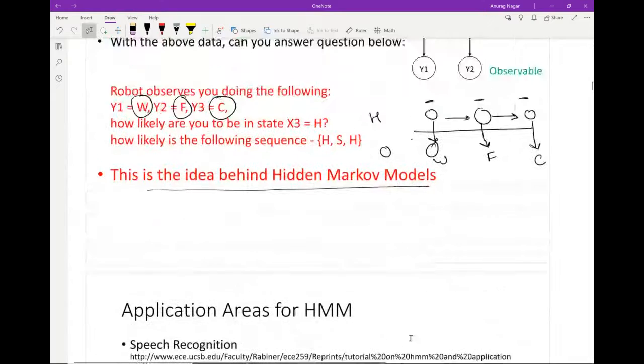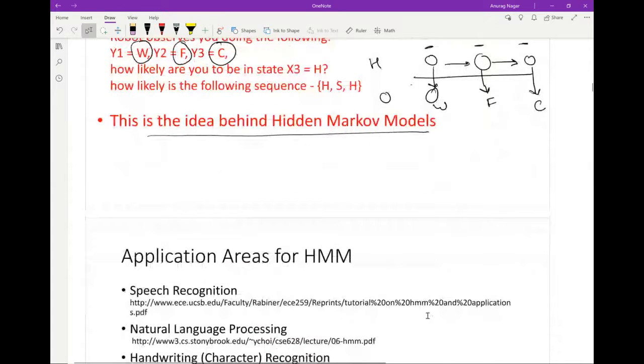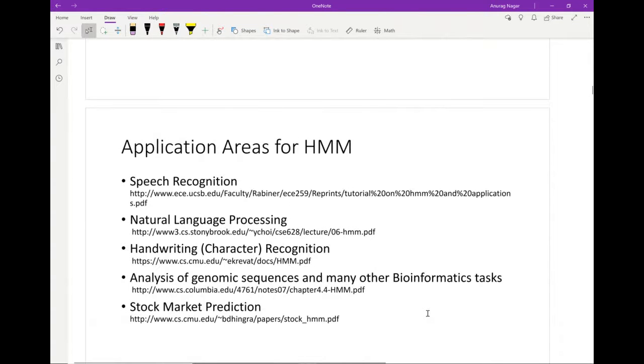Now, you might say, okay, fine, but what is the application of hidden Markov model? Well, there could be many applications. For example, speech recognition. So maybe the person wants to say A, and that's what the person has in mind, and the sound that you get, that is the observable.